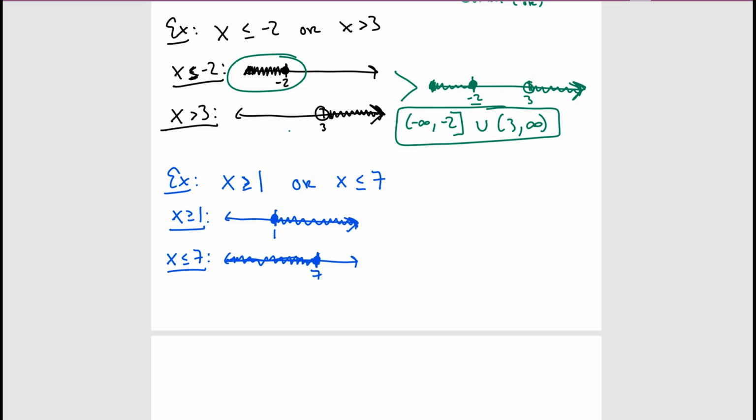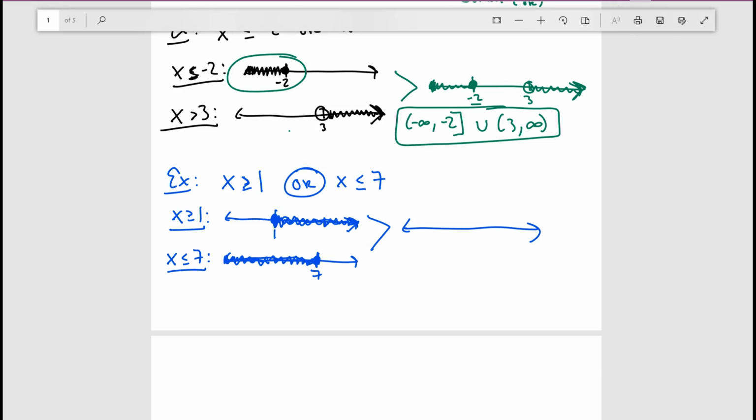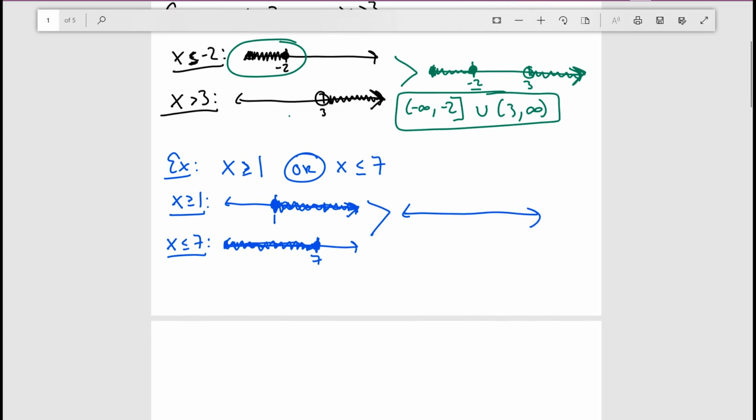Now, because this is an OR, we're looking at everything together, everything in a union. So let's put every piece together. Notice I have this piece till 1, then this piece again, and then till 7, I got this. If I put both of these on top of each other, you're basically going to get the whole thing.